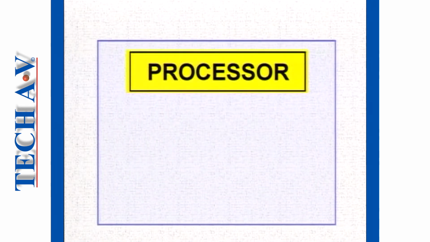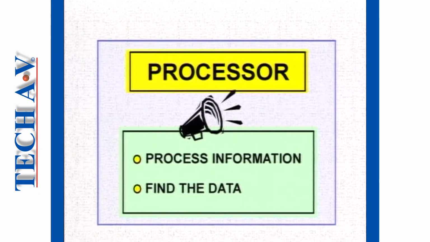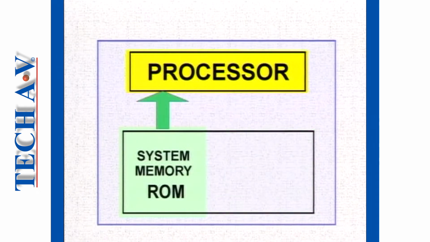The processor is a very fast and efficient operator, but it remains asleep, as it were, until it receives the necessary instructions to tell it how to process information and where to find the data it needs to work with. This is the function of the system memory. It contains all the details that the processor needs to get going and what to do with the information it is being fed from the user program and the I/Os.